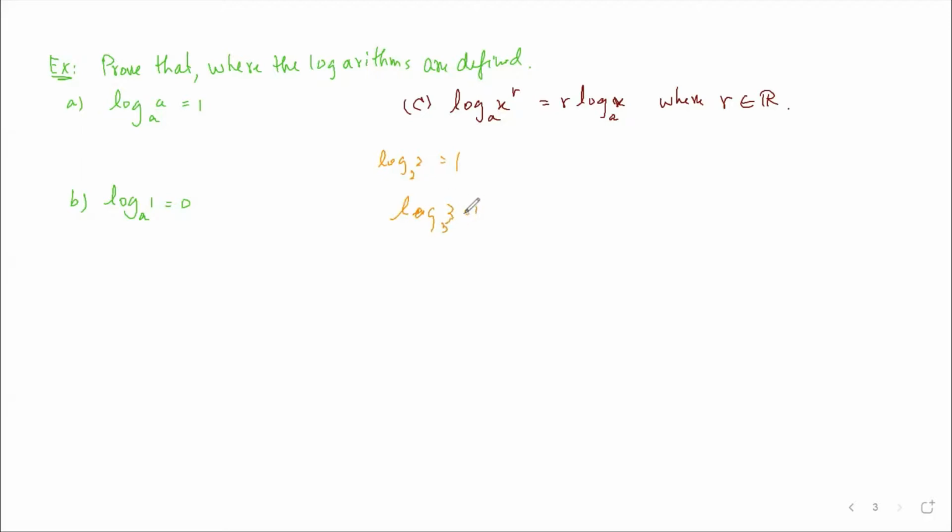No matter what, it's always equal to 1, except log 1 base 1, which is undefined, no solution. But the rest is okay. Log 100 base 100 is equal to 1. That's the formula.